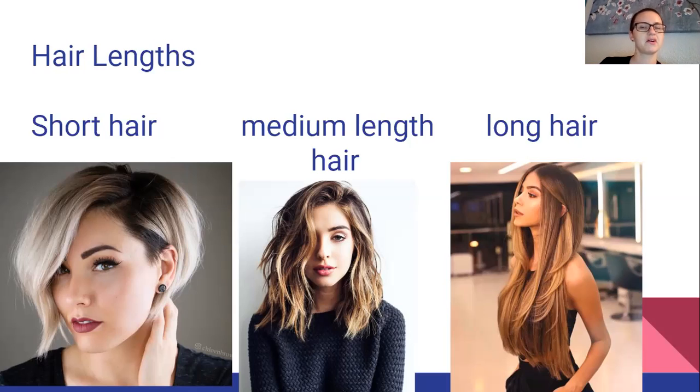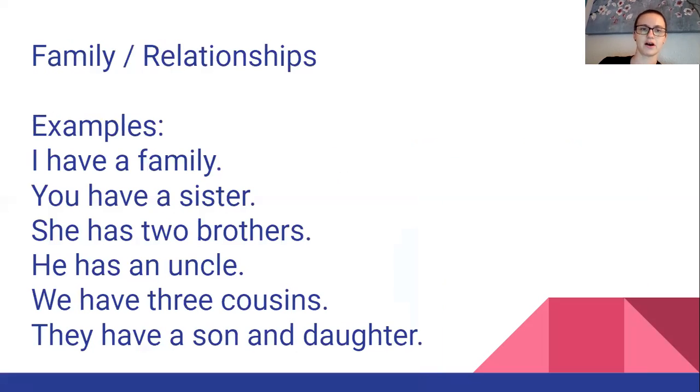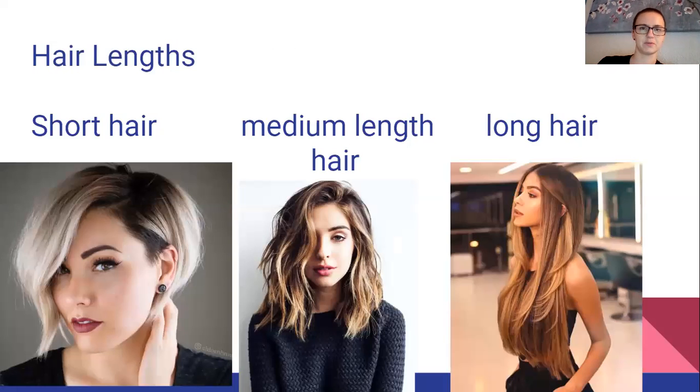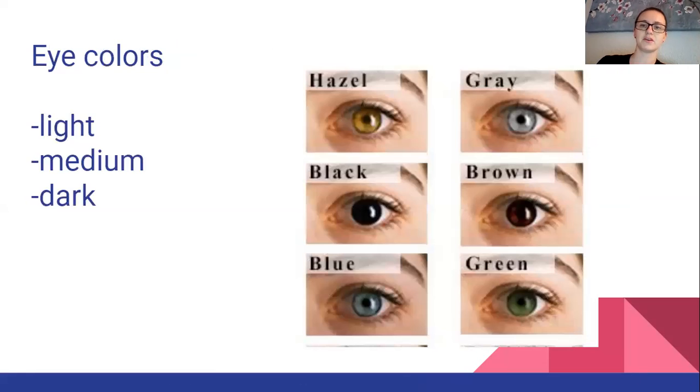And you might say, okay, all this is great, but what does this have to do with have and has? Well, anytime that we want to talk about our hair or our eye color, for example, we're going to use have or has. Before we go into family relationships, I'm going to take you back a few slides. I said earlier, I have brown eyes, right?